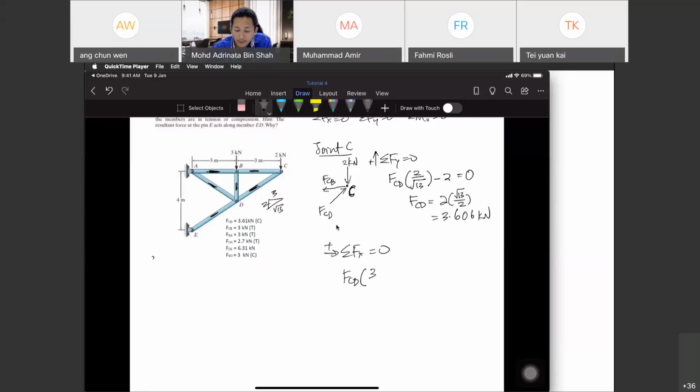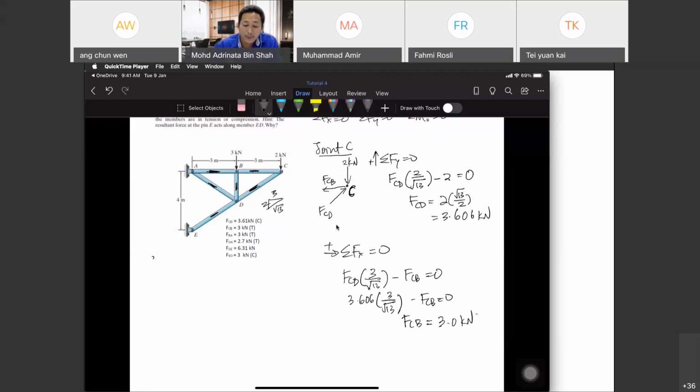So in the x direction, 3 over square root 13 times FCD minus FCB equals 0. So 3.606 times 3 over square root 13 minus FCB equals 0. So we get FCB equals 3.0 kilonewton.